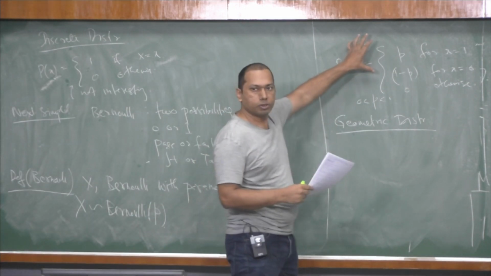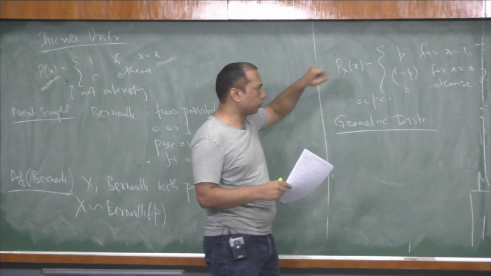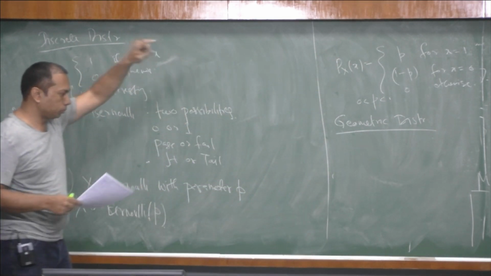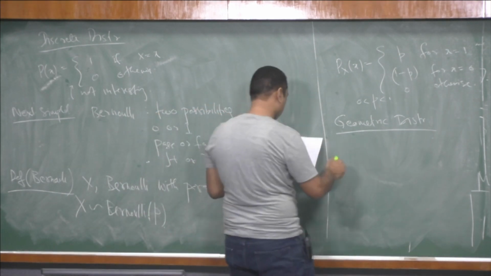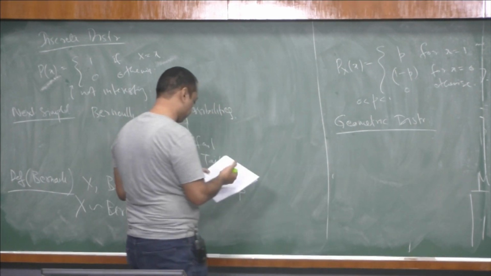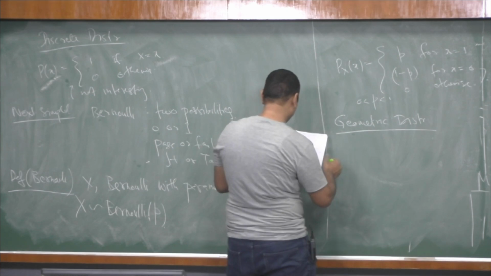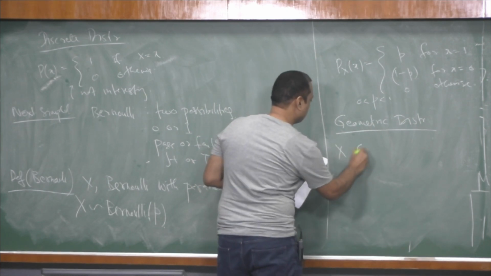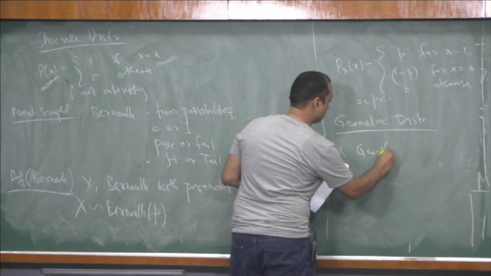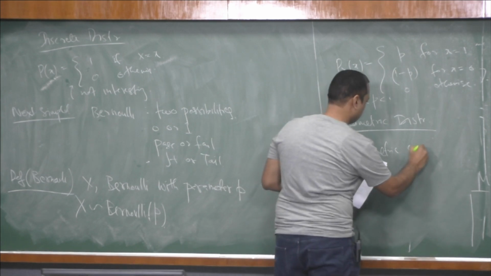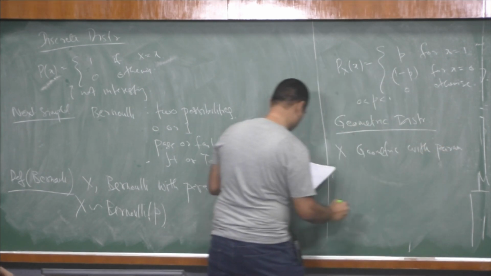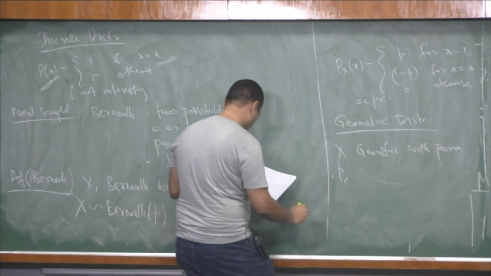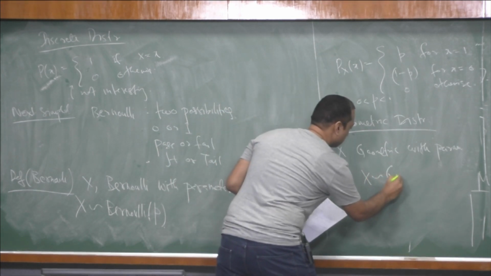Already we derived that for that example, 0, 1, 2 up to infinity. So we can write that precisely here. We define X as geometric with parameter P. All distributions have some parameter, so I write this as Geometric(P).